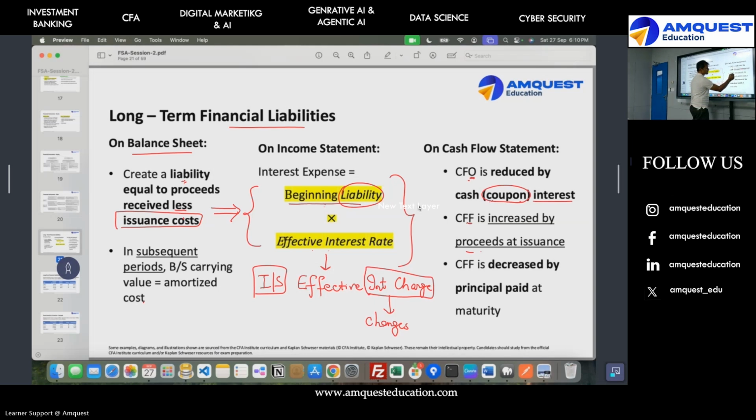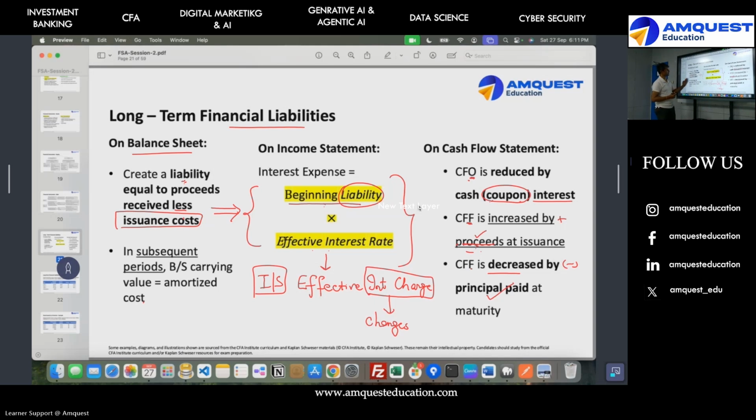CFF is cash flow from financing, and this is nothing but the amount that you received, right? And this amount will reduce every year by the finance that you paid. How much you received is the loan, that is plus, and how much you paid off is the repayment, that is minus. Okay, and CFO is going to be the interest component.